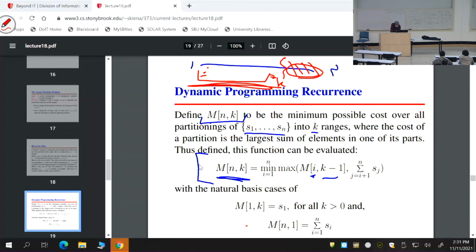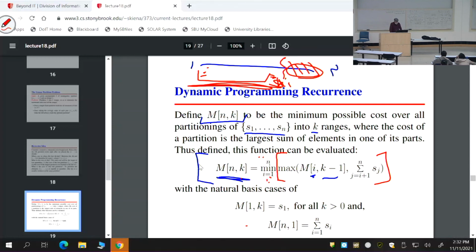What is this going to say? I want to put my kth divider, my last divider, in some position i. If I put my last divider at position i, what's the cost of it?